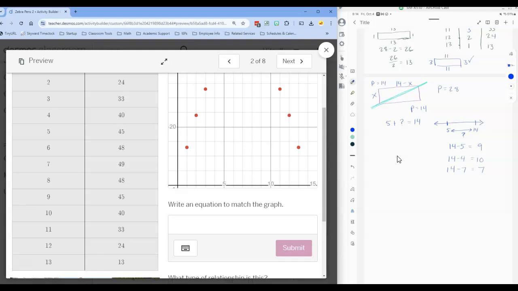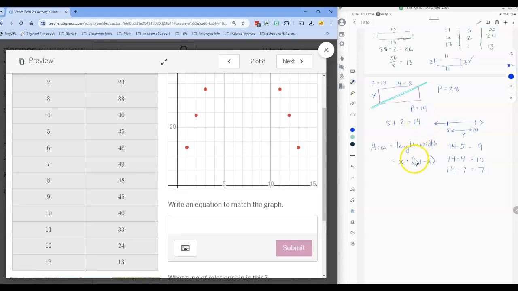So if we want to know the area, once again we're going to say area equals length times width. Well, we have a length and width of x and 14 minus x. So we should just be able to multiply those. X times 14 minus x.